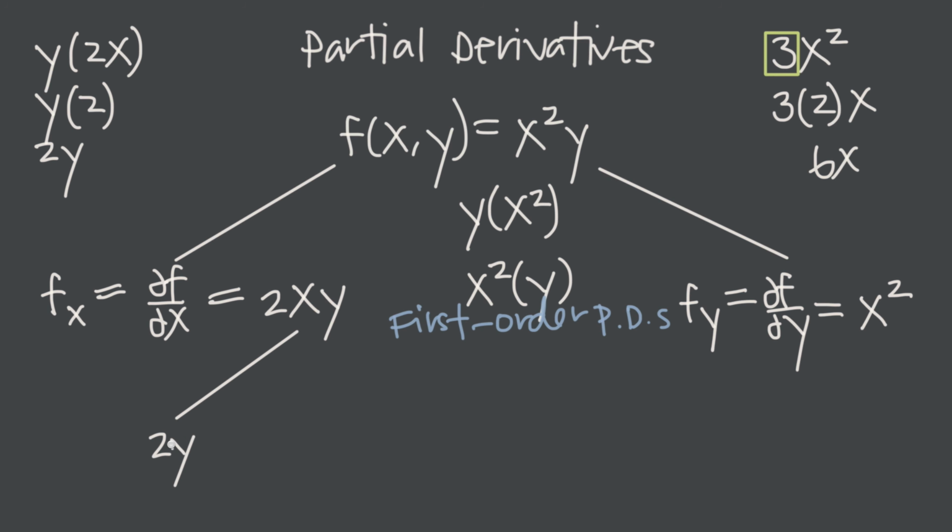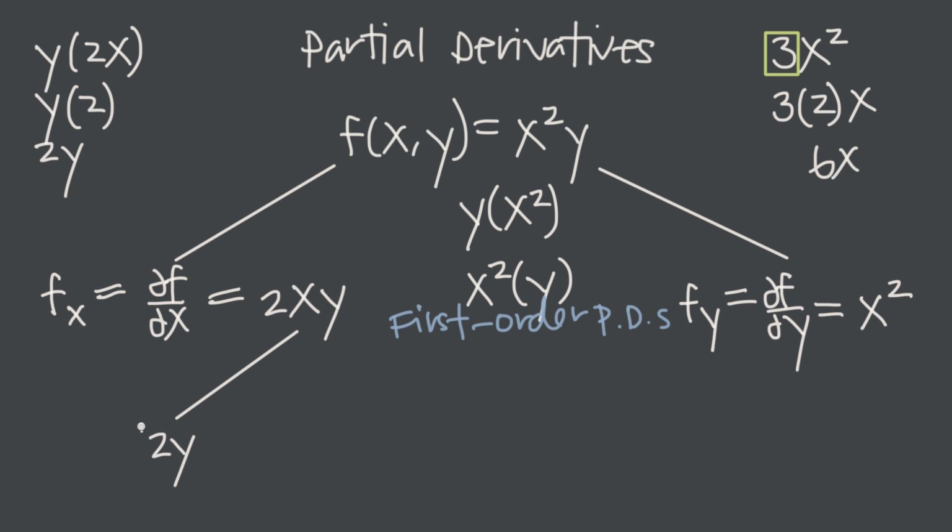But how do I write the second order partial derivative with respect to x? Well, just like before, there are two ways to express second order partial derivatives in terms of notation.